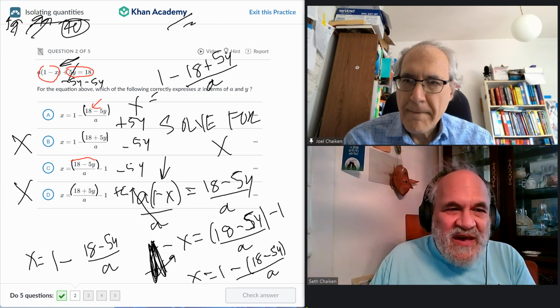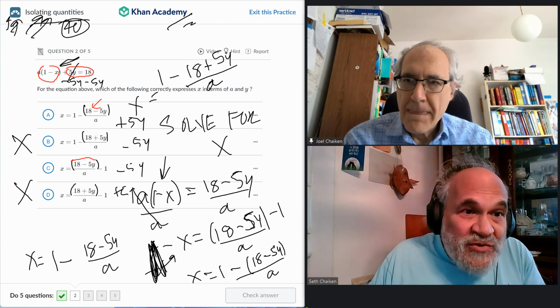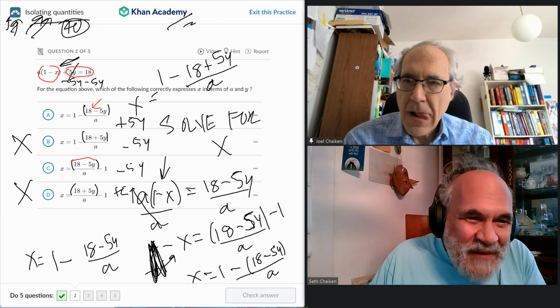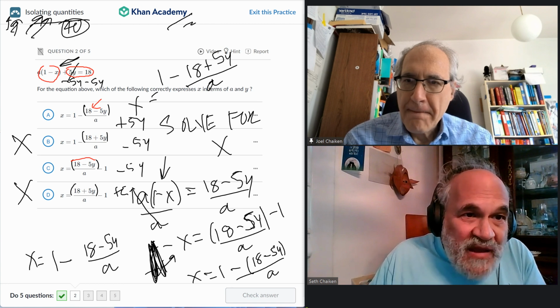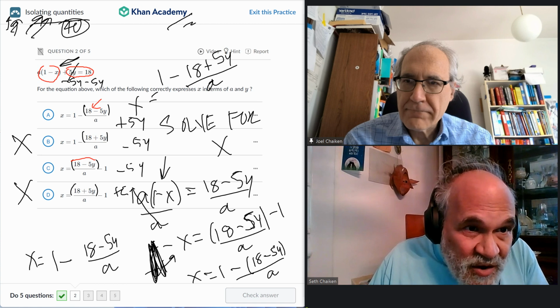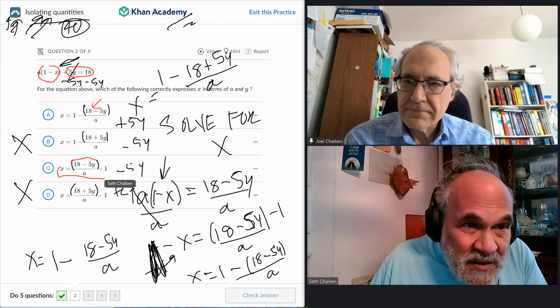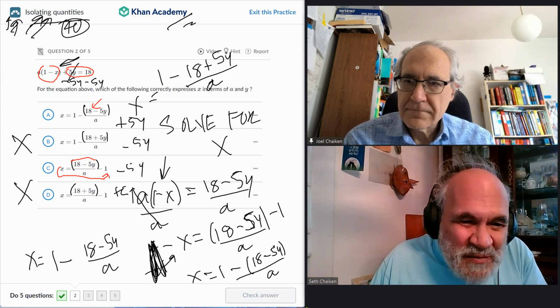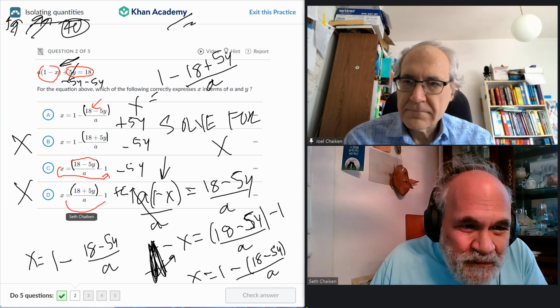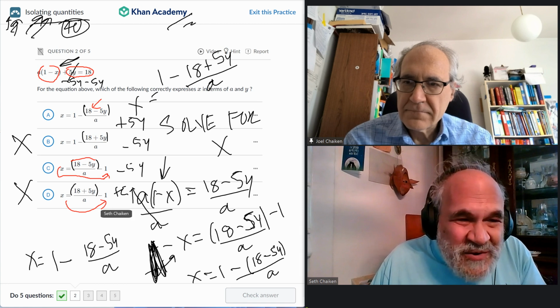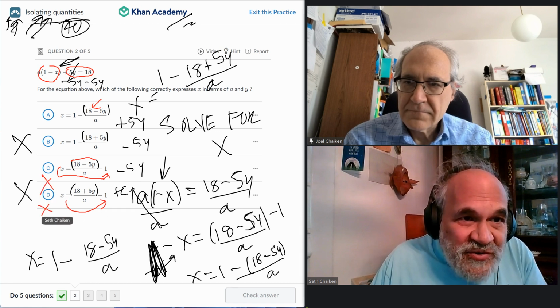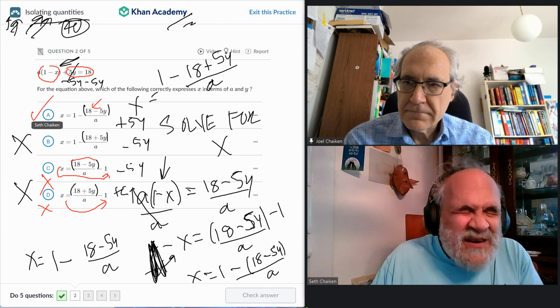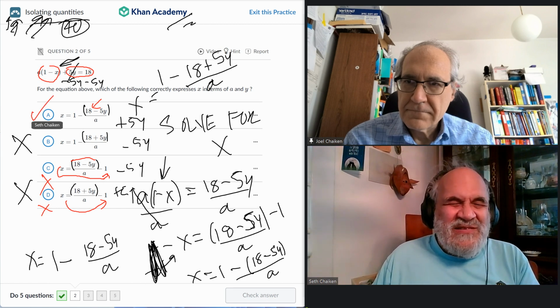So it's going to be x equals a 1, and therefore it's not going to be this, because this is x equals some junk minus a 1, x equals minus 1 plus some junk. So that rules out these two, and therefore I check that A is correct.